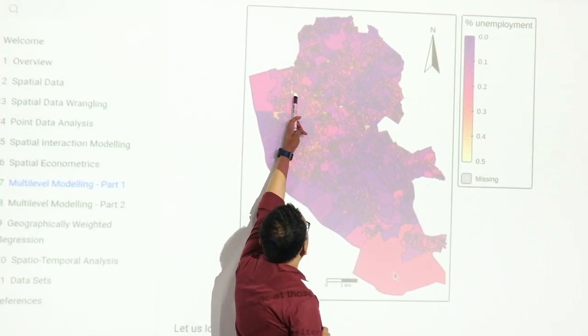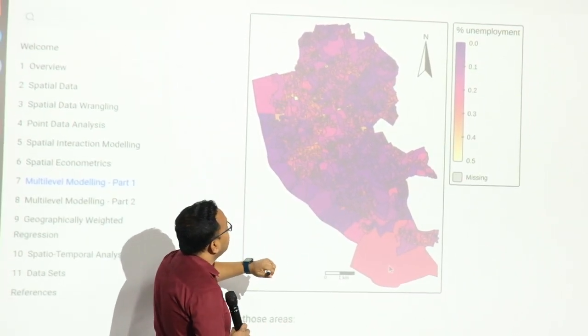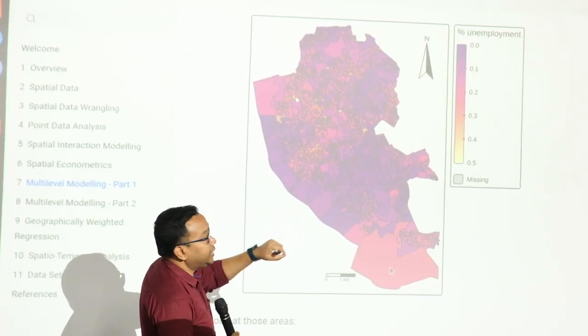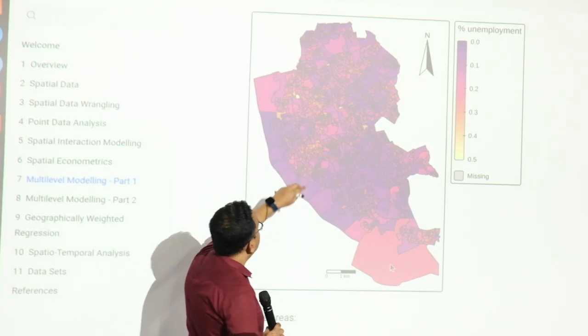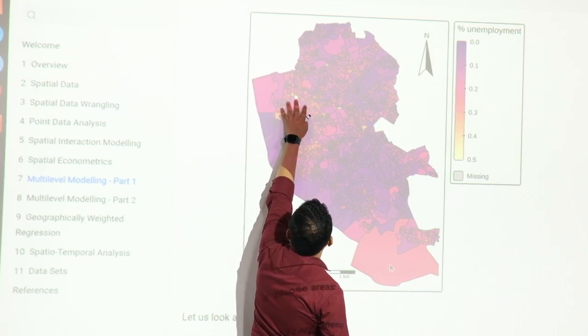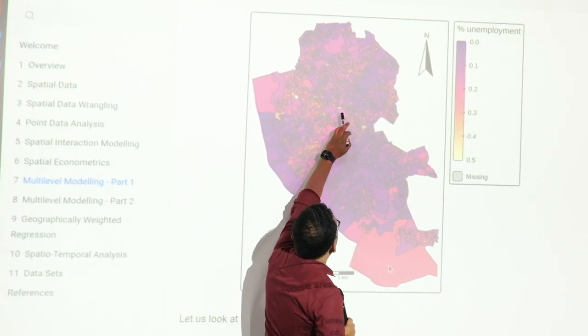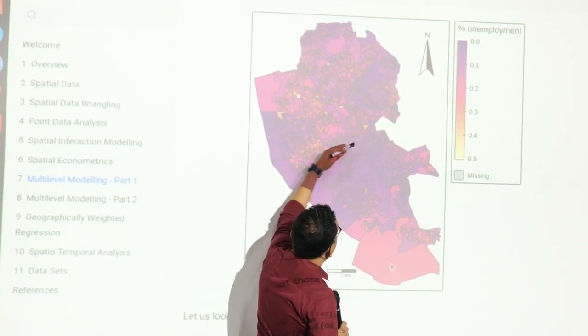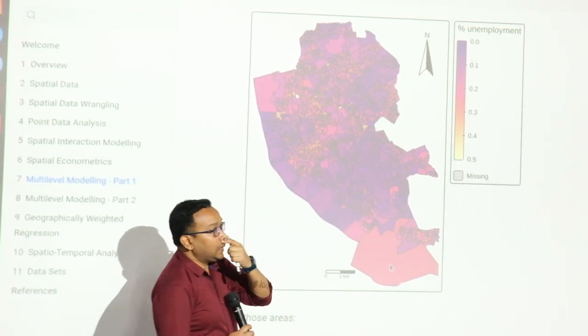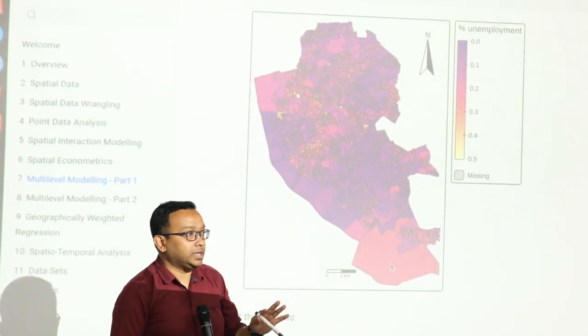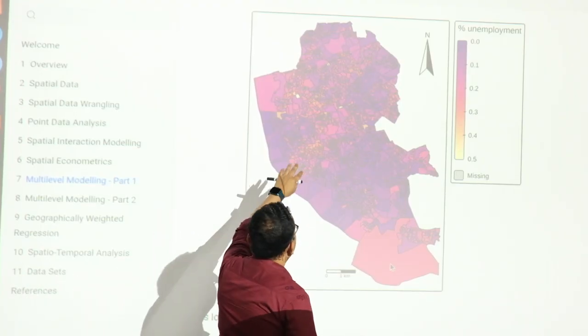there are some hotspots where the percentage of unemployment is quite high. But they are clustered here, like there's a yellow here, there's an orange here, there's some yellow and orange here. This part is very, very purple, so it is very low. So there seems to be some spatial clustering just for the unemployment.